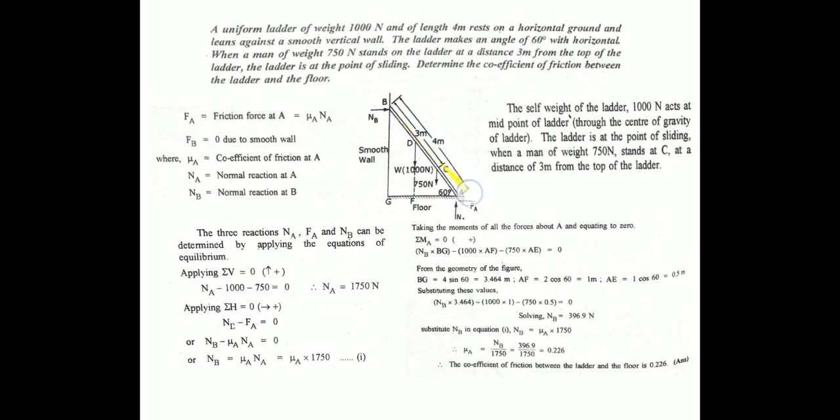So consider the ladder. The ladder is placed in between wall and the floor. It is making an angle of inclination 60 degree. The total length of the ladder is 4 meter, and the weight of the ladder is 1000 Newton. So the weight acts at the center point.